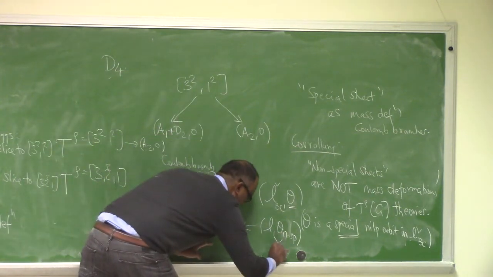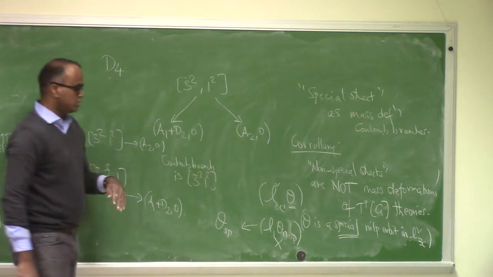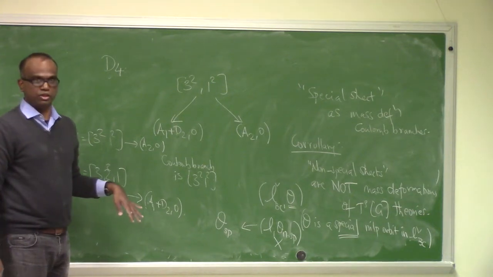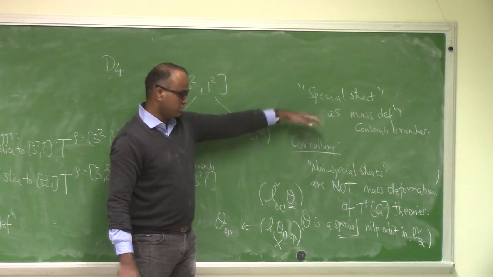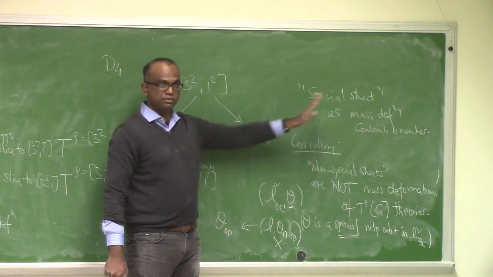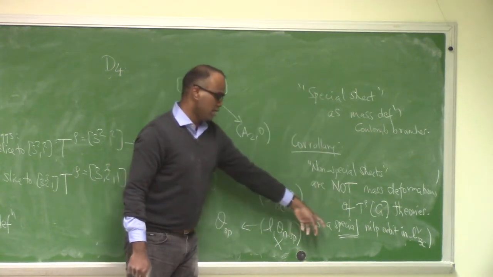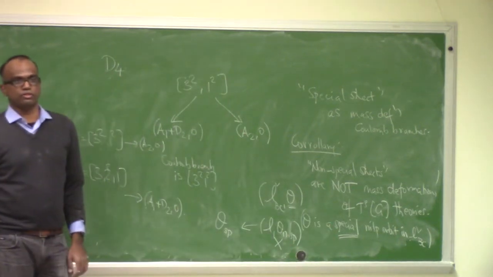Such instances do not correspond to mass deformations for us. So that's why we think of specialness as a property more naturally of the sheet itself. But it does rely on Lusztig's definition of specialness.